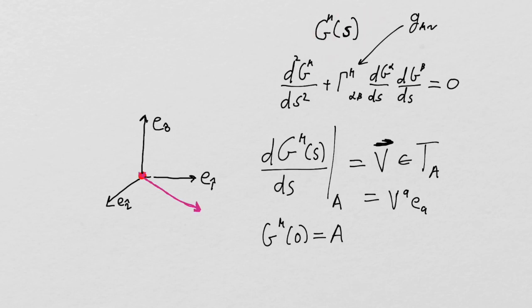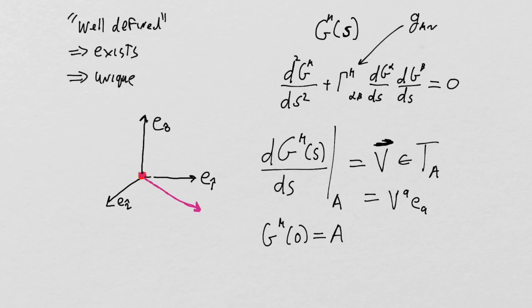It is well-defined, and well-defined in math means it exists and is unique. So the point is that now, with all of this in her arsenal, she can start shooting geodesics out from her laboratory, and that is going to be the foundation of the Riemann normal coordinate system.